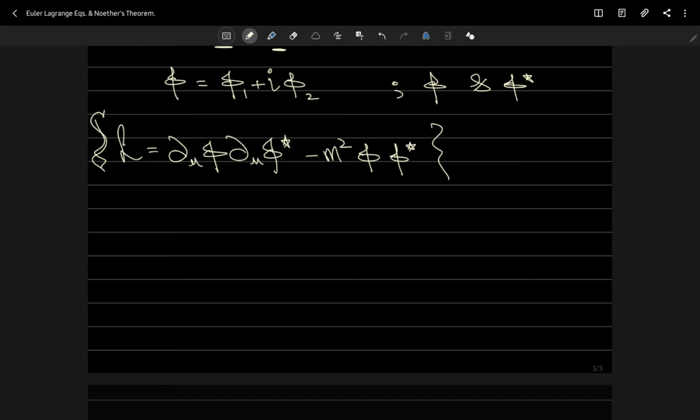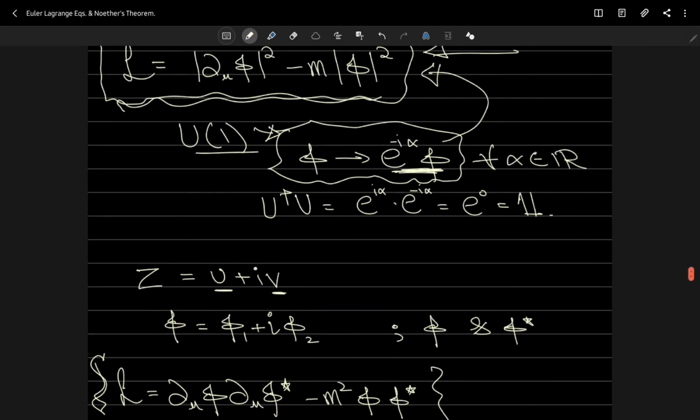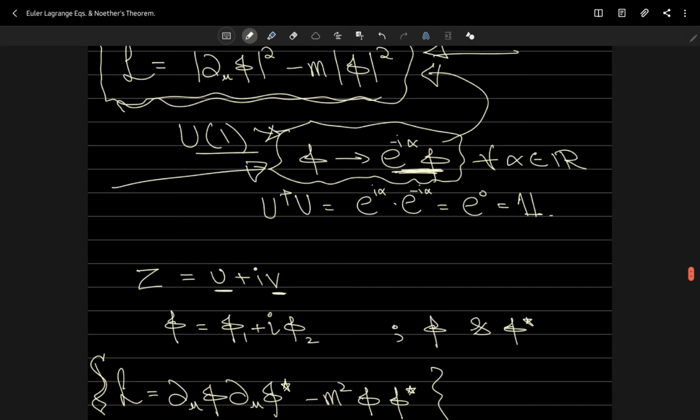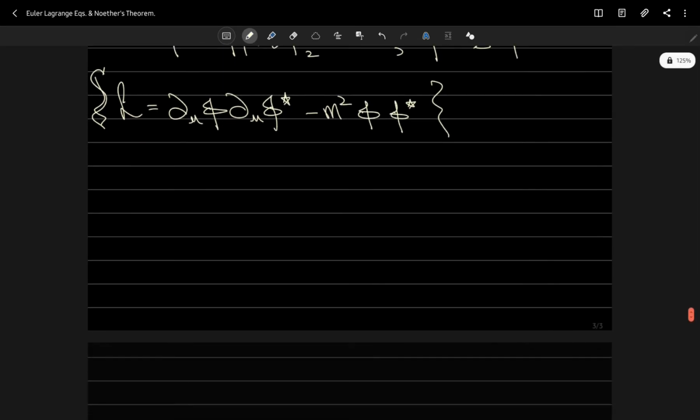Now from this you can see that the symmetry transformations that we defined earlier for our field, there would be two of those.